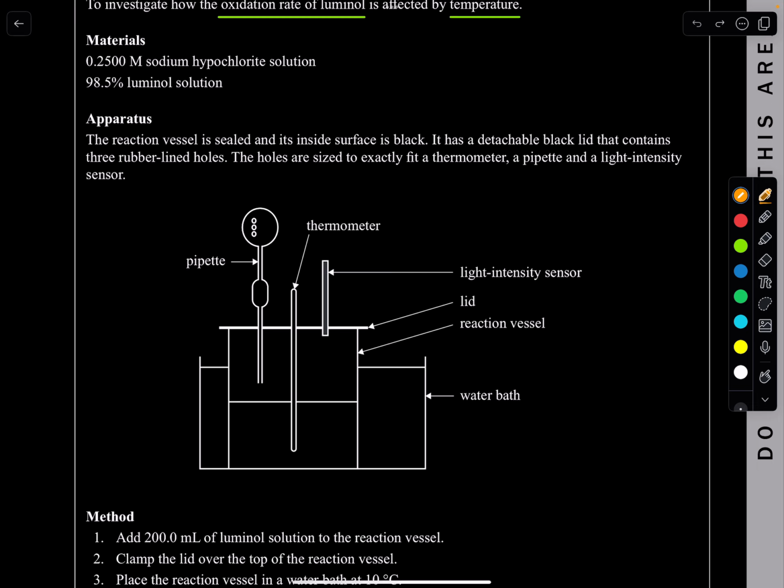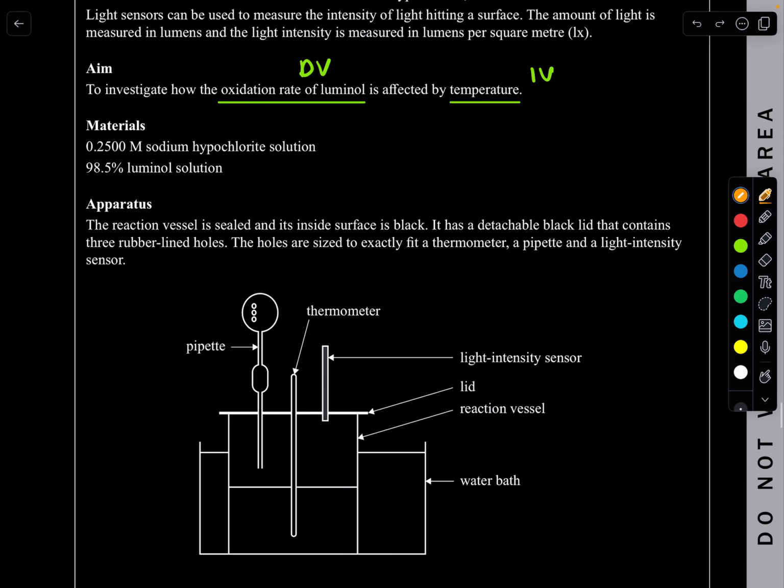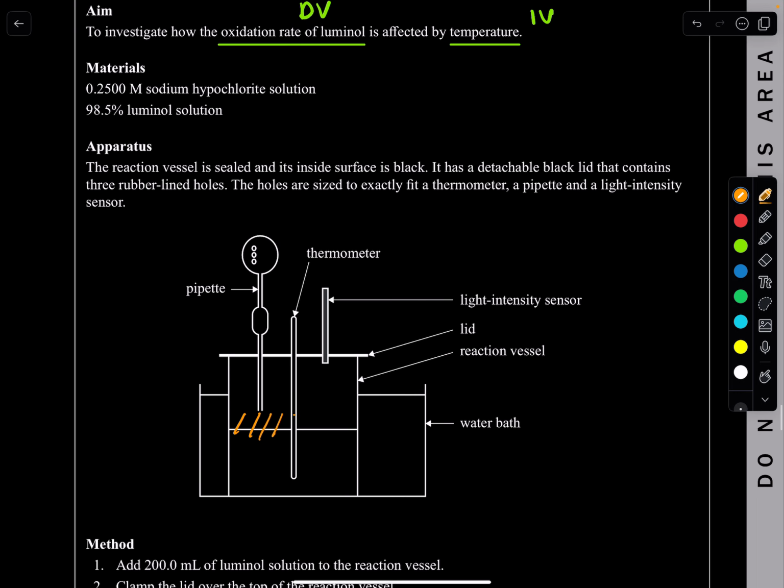They had no stirrer, so the sodium hypochlorite could have been on top and not mixed around the whole thing uniformly, because there's no stirrer. They're not actually stirring it; they just put it in.